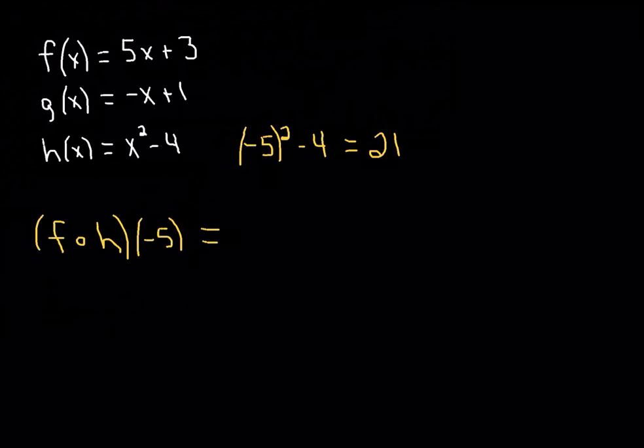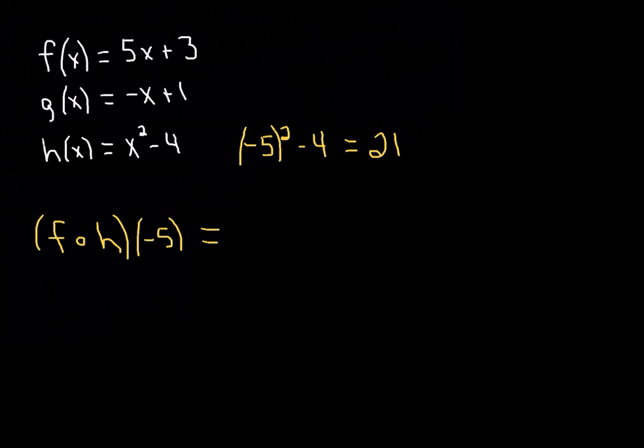Now I'm going to take that value and I'm going to plug it into my f of x. I'm going to plug it in up here. So 5 times 21 plus 3. 5 times 21 is 105, and 105 plus 3 is 108.